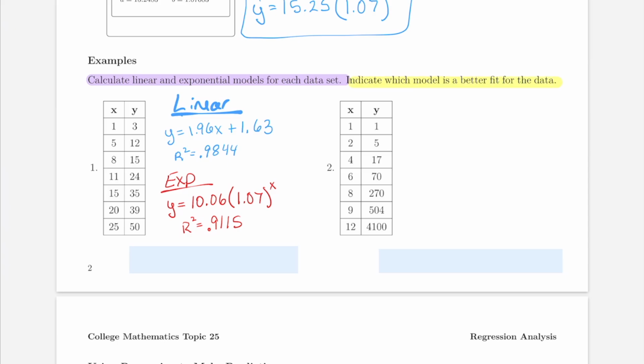So to indicate which model is a better fit for the data, I can write it out and just say a linear regression model is a better fit because the r squared is higher, right? We know that this is 0.98, this is 0.91, and then because of that, this is stronger. It's a stronger correlation. It's a better fit.